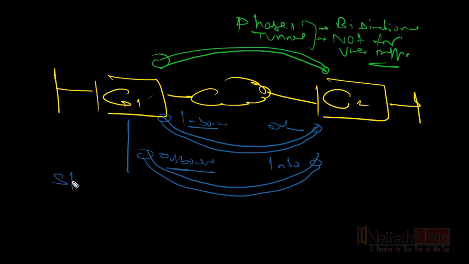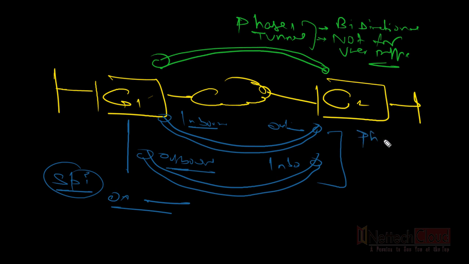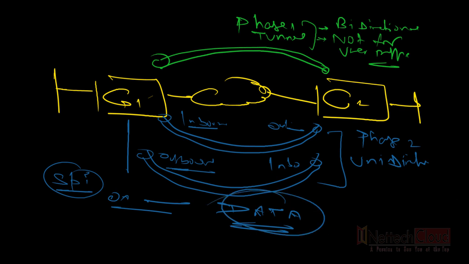Means like two different SPIs or security parameter index, some value in hexadecimal. So IKE phase 2 tunnel is basically unidirectional, and phase 2 tunnel is data plane tunnel. So user traffic is transported or sent using data plane tunnel, not the phase 1 tunnel, right?